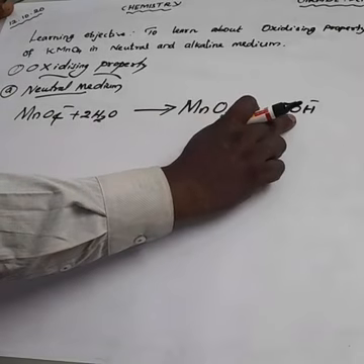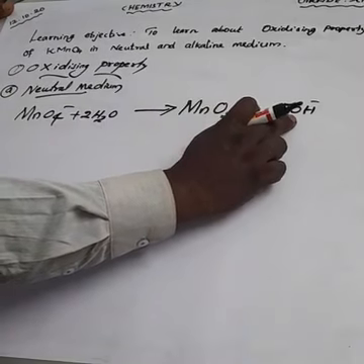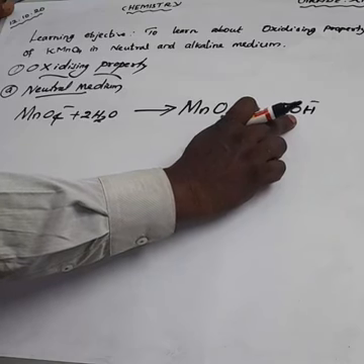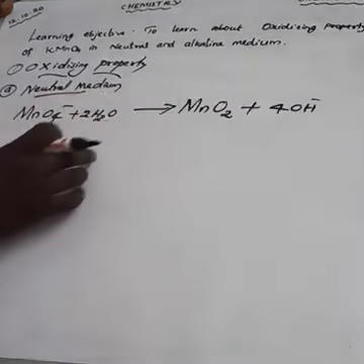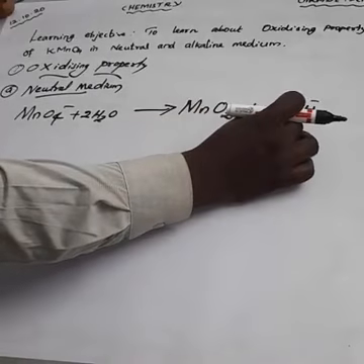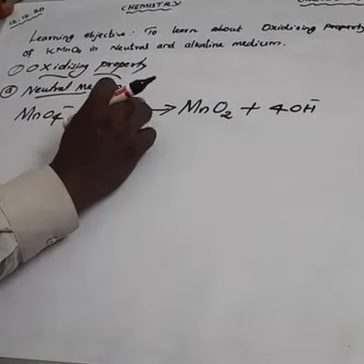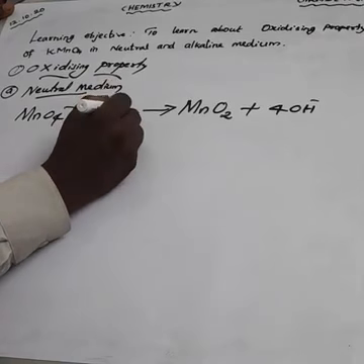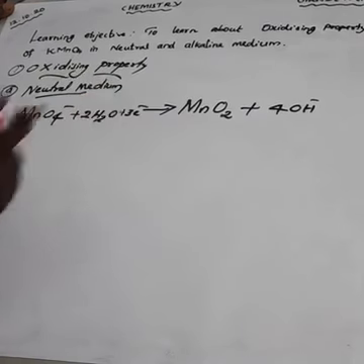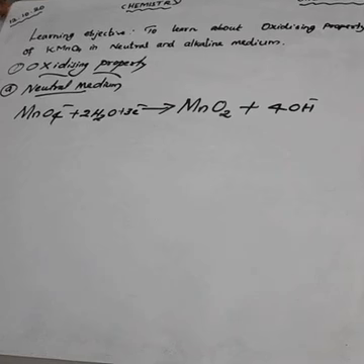On the right hand side we have 4 OH minus ions, so the charges must also be balanced. Here we have 4 minus charges and there only 1 minus, so we add 3 electrons. Now the equation is balanced.